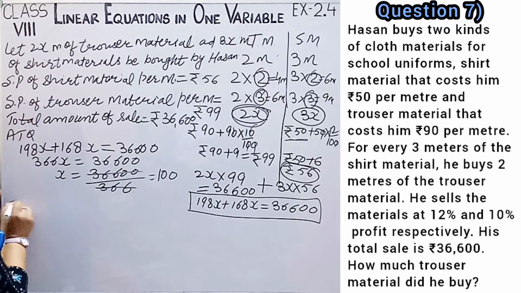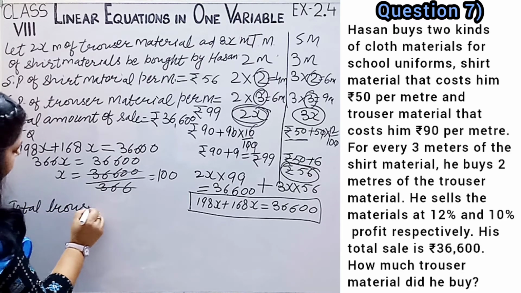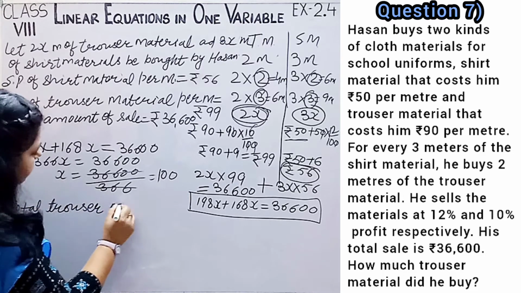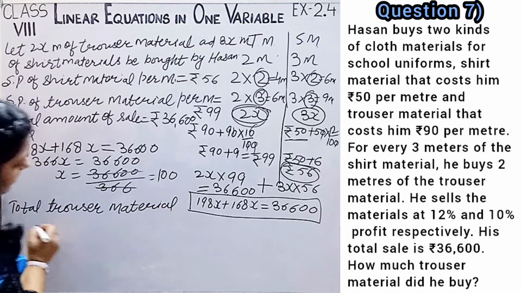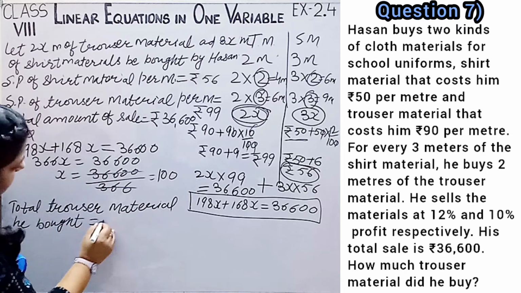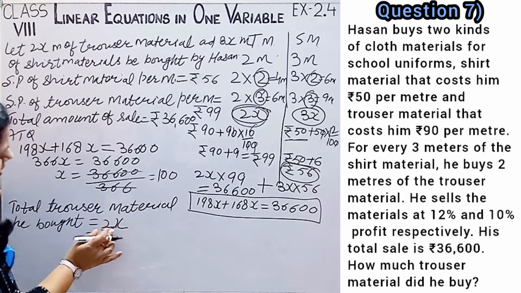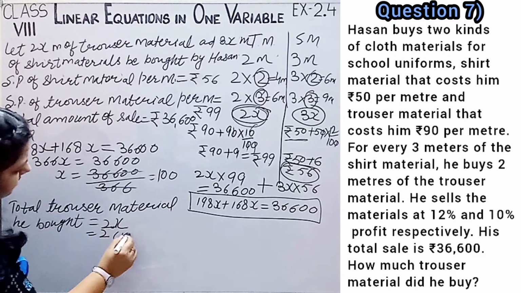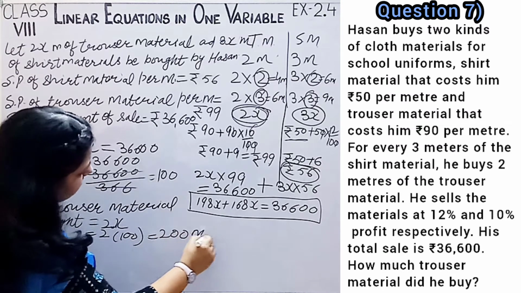So total trouser material he bought is 2x, and substituting the value of x as 100, it means 200 meter. Answer.